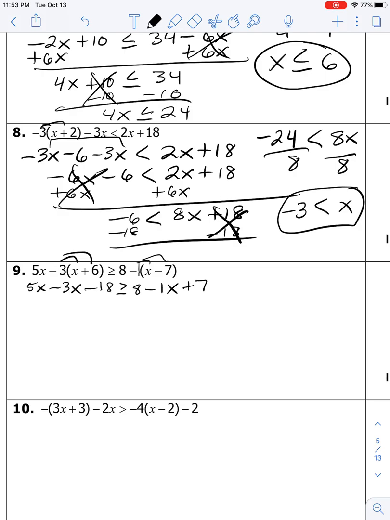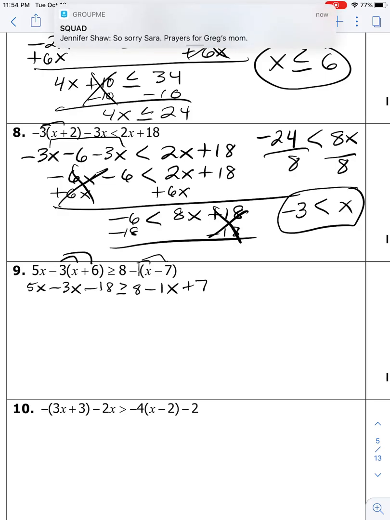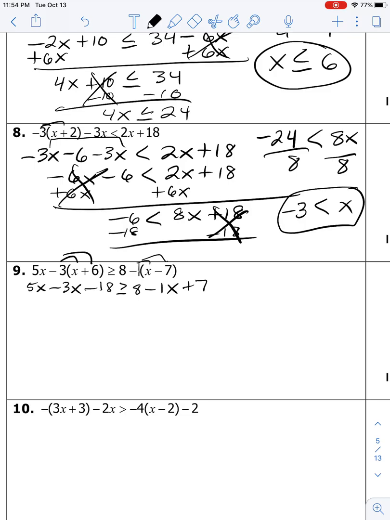So now let's look at what we got. Wow, we got 3 terms on the left, 3 terms on the right. We do not want 3 terms on each side, okay? We want 2 terms on each side. So what we're going to do is combine like terms. So 5 minus 3 would be 2x. Drop down the -18.